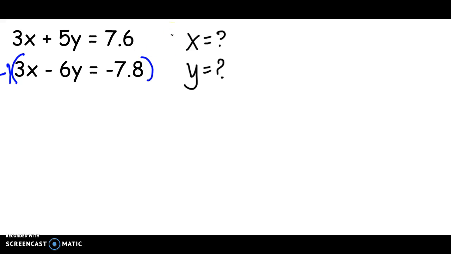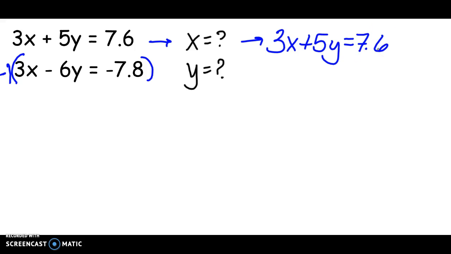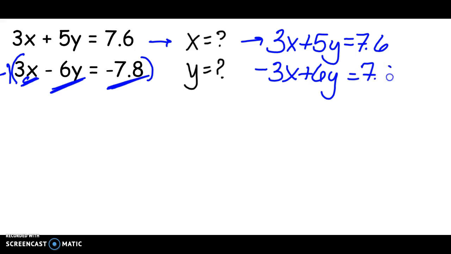The first one stays the same: 3x plus 5y equals 7.6. Notice I didn't do anything. In the next one, I multiply negative 3x by negative 1 and get minus 3x, negative 6y by negative 1 gives positive 6y, and negative 7.8 by negative 1 gives positive 7.8.